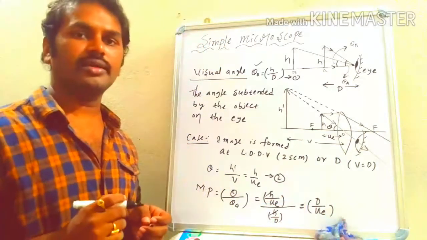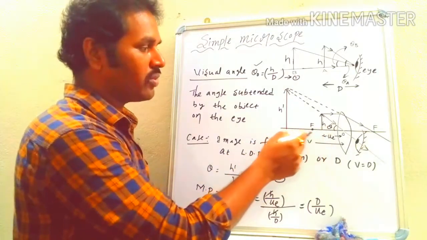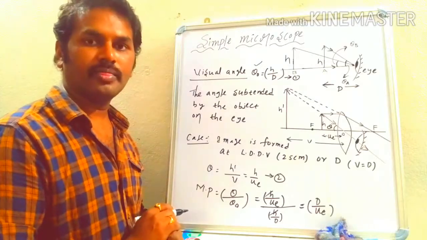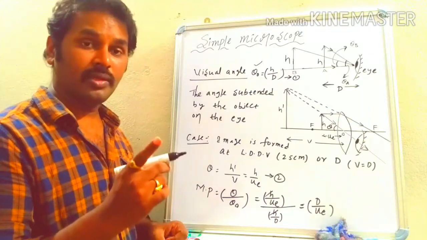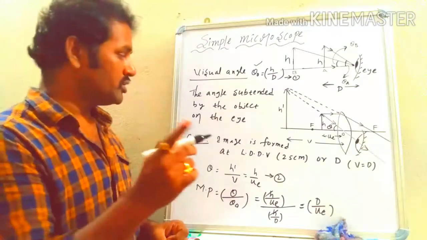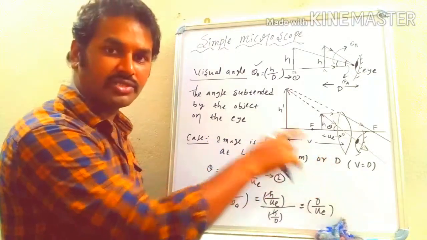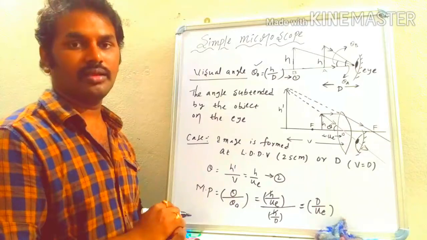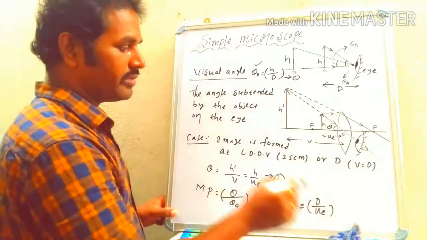So what is UE there? It is the position of the object, which is in between the focus and the optic center, an unknown value. We need to find that. By taking the image, we are fixing one position at the least distance of distinct vision, and the other position at infinity. So we got the magnifying power equal to d by UE.